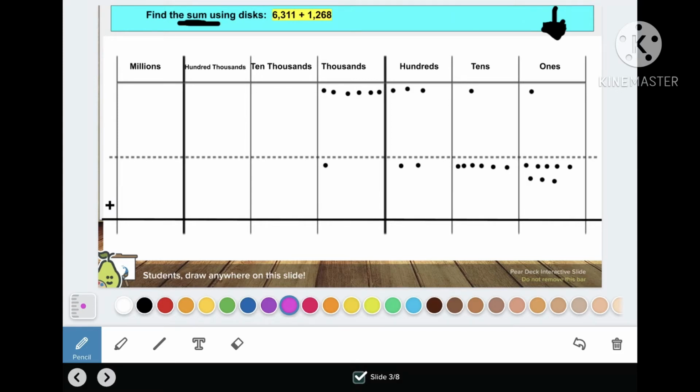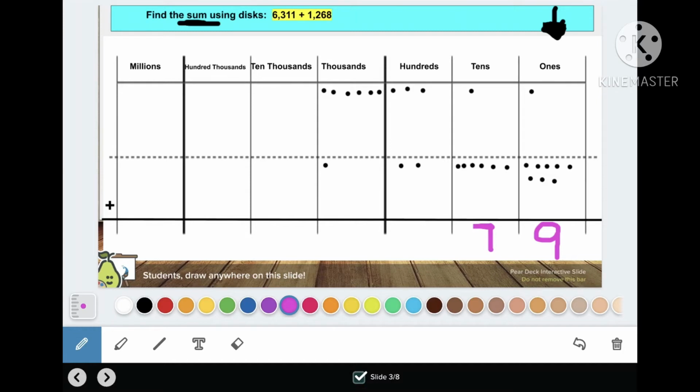I have 9 ones. So I'm going to put a 9 in my ones place. Now let's do the same thing for the tens place. How many tens do I have? I have 1 ten plus 6 tens. What is my sum? Good job, 7 tens. So I'm going to put a 7 in the tens place.